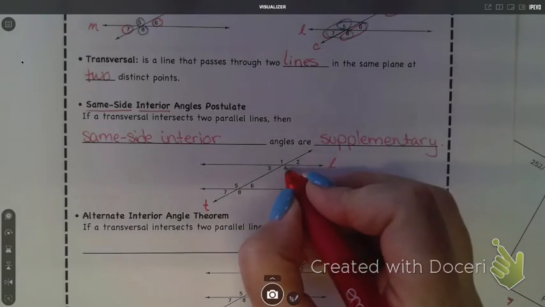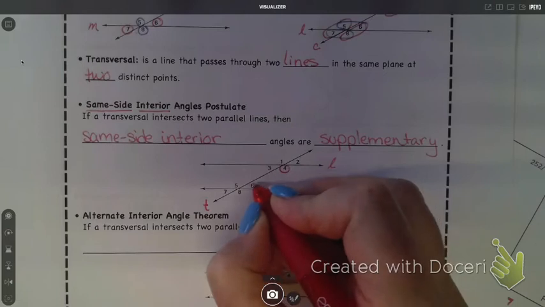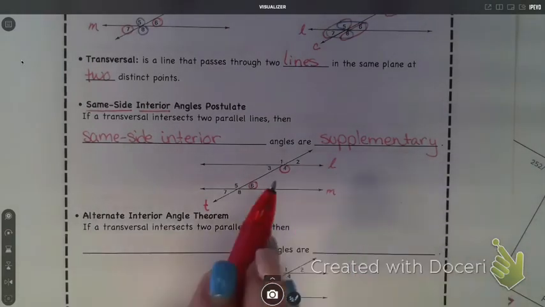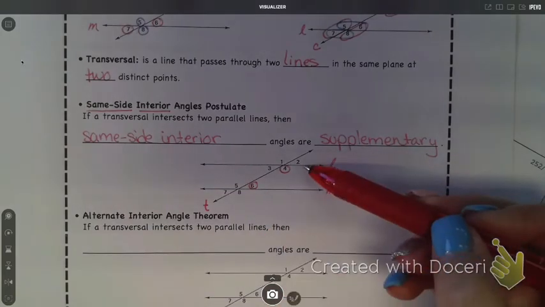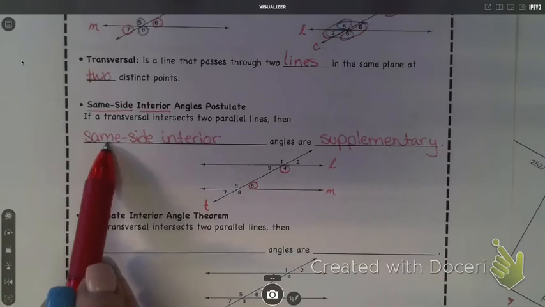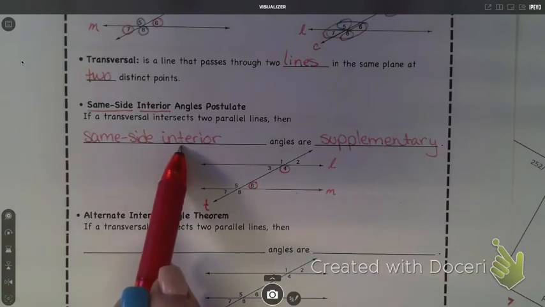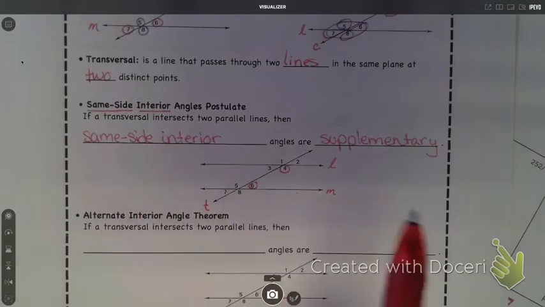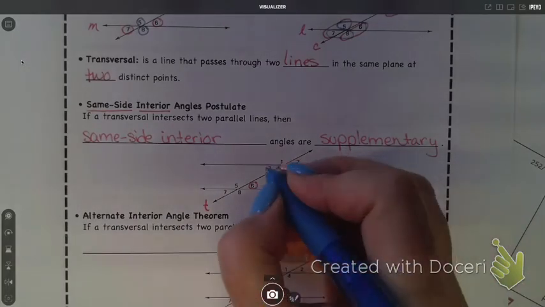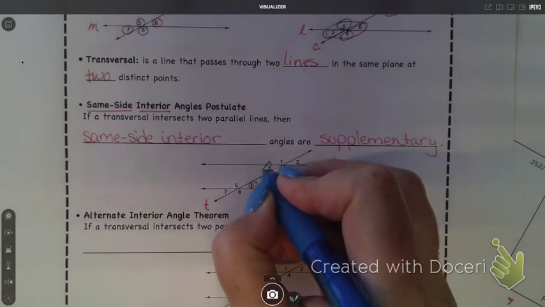So that would be 4 and 6. They're same side inside. Interior means inside, correct? Okay. So then we only have one other set, and that is 5 and 3.